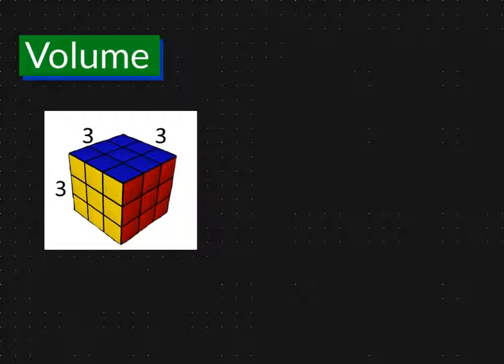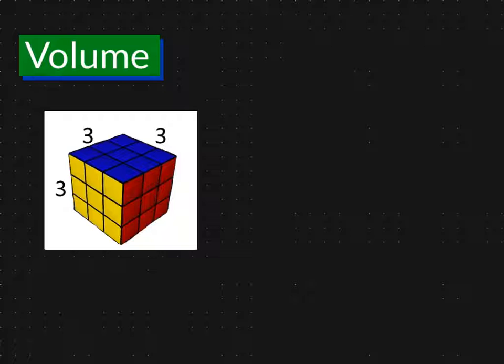So here's an example of volume. We have a cube, and a cube has 6 equal surfaces. That is, the length and the width and the height are all going to be the same. And when I say that the surfaces are equal, what I mean is that each of these 4 sides and the top and the bottom are going to be identical, and they all meet at right angles.